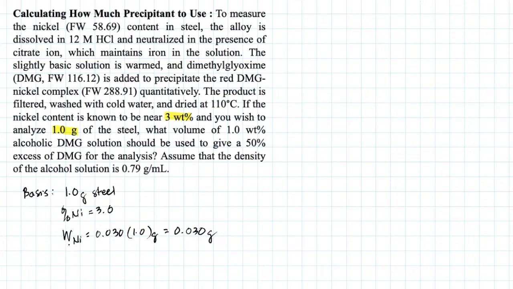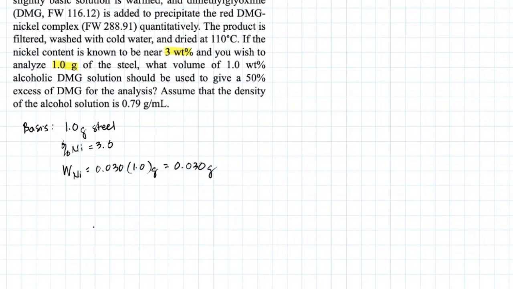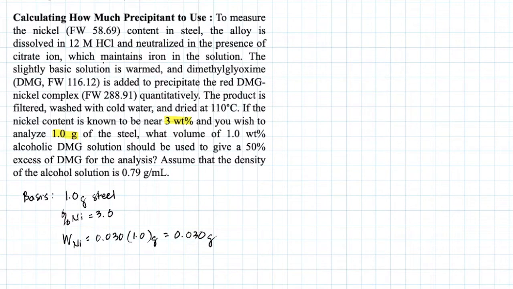Now, given the weight of nickel, we need to calculate the weight of DMG that will react with nickel. However, we need to know the formula of the red DMG nickel complex. How do we determine that?